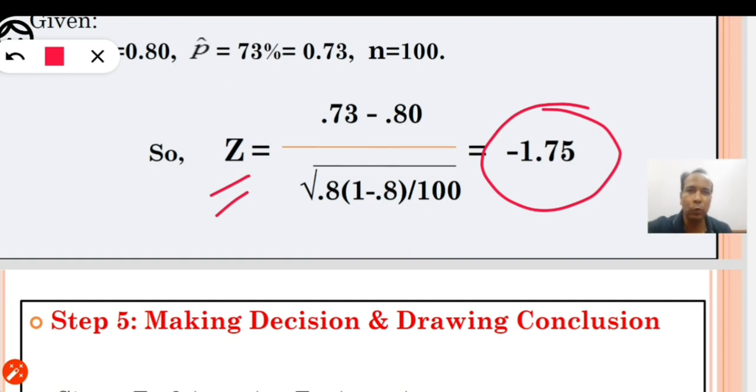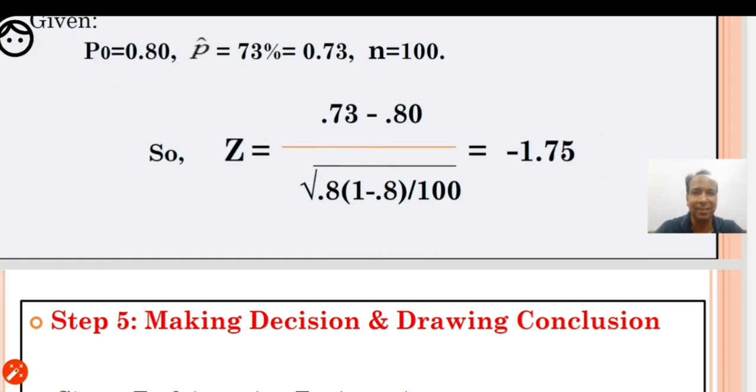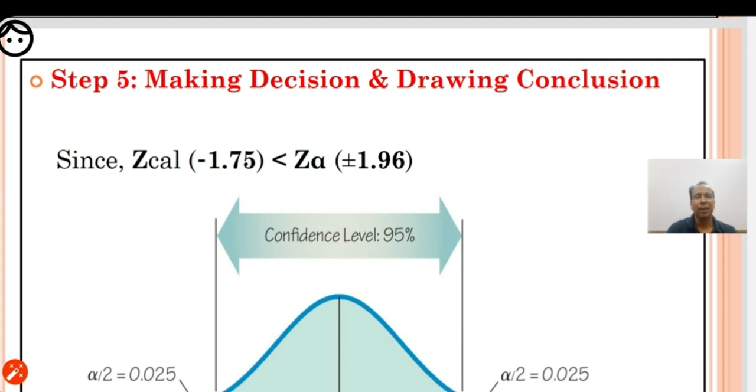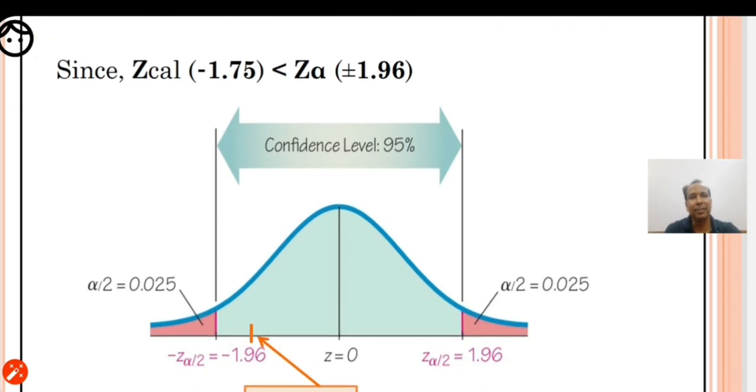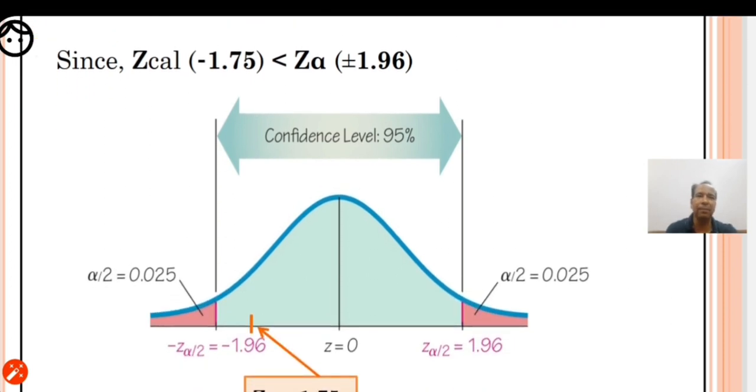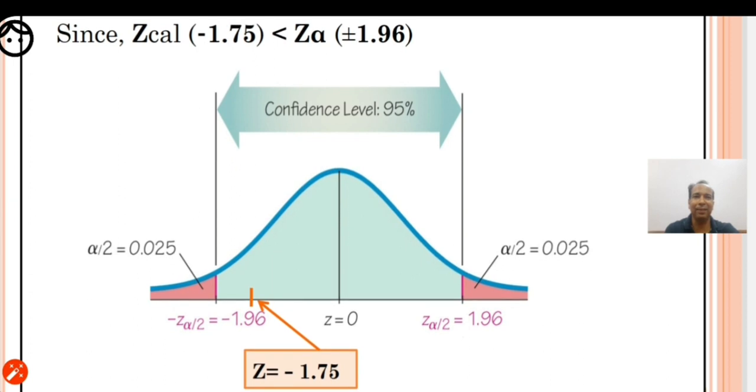So let's see what step 5 goes as. Step 5 is making decisions and drawing conclusions. Here we compare, let's see with the help of the diagram, then we will make the decision.